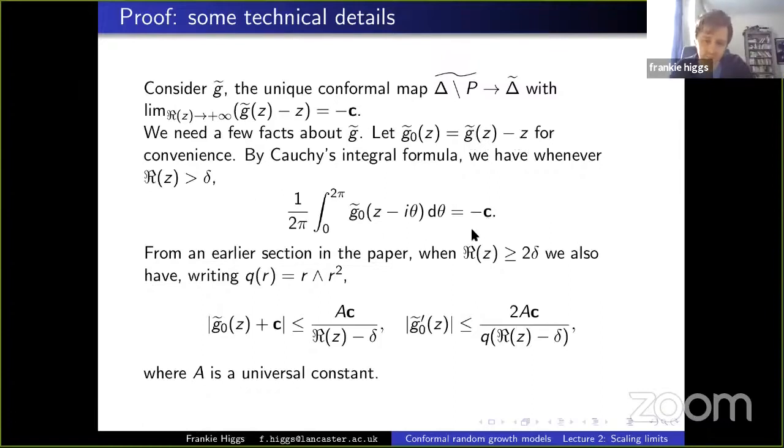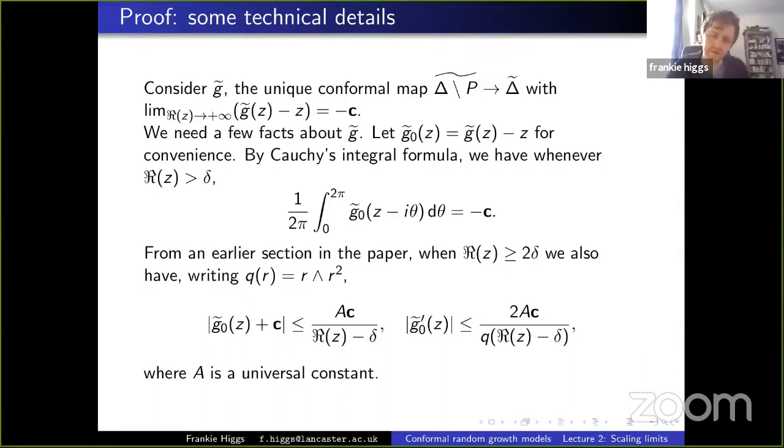Well, this is going to be very relevant in the next slide where we find our martingale. Integrating this g0 tilde, we keep the real part fixed and we just integrate over the imaginary part varying from 0 to 2 pi. Well, since it's periodic, that's the equivalent of really integrating over the whole line, or taking the average over the whole line.